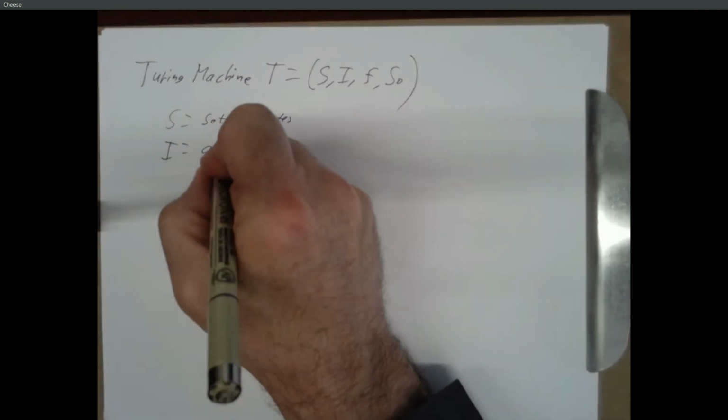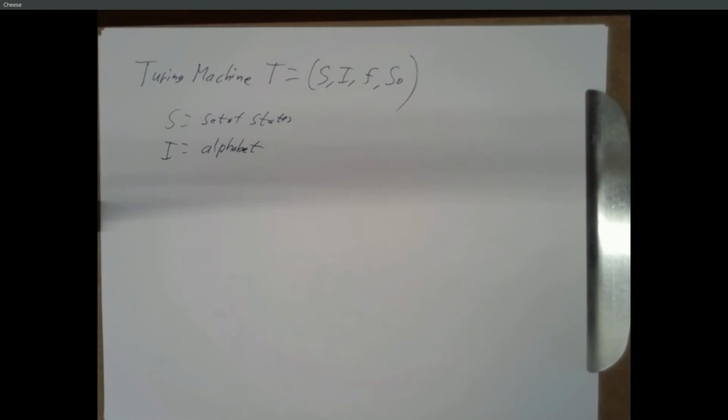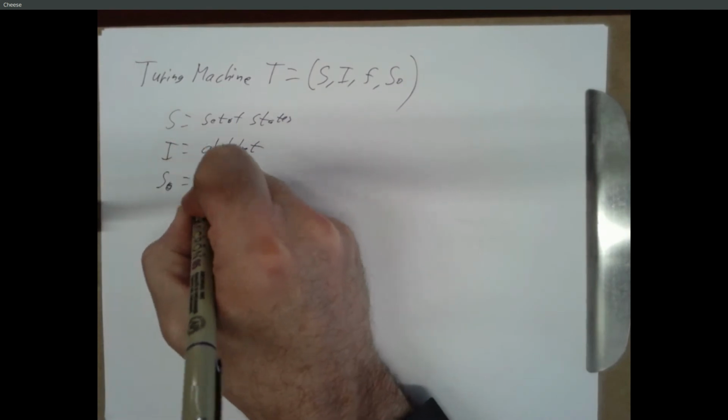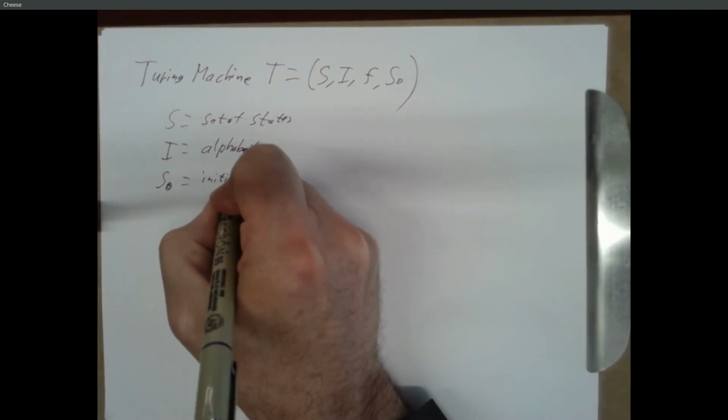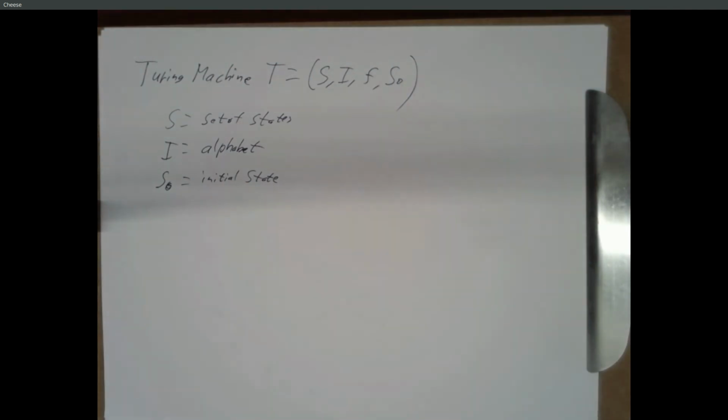I is an alphabet, so it's a collection of symbols. S0 is the initial state. So it's the state with the star next to it, where the system begins.